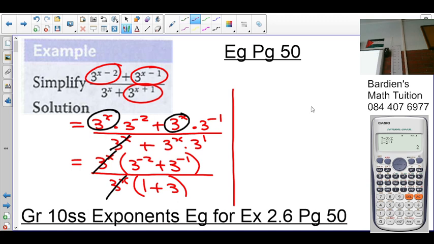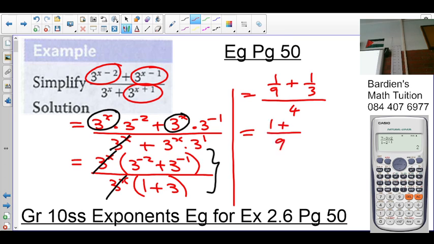Again, we can plug this into the calculator, because from this point to your answer is one more step. But for those of you who want to work it out, it's 1 over 9 plus 1 over 3, over 1 plus 3, which is 4. So there's going to be an LCM of 9. So it's 1 plus 3 divided by 4, which is multiplied by 1 over 4.